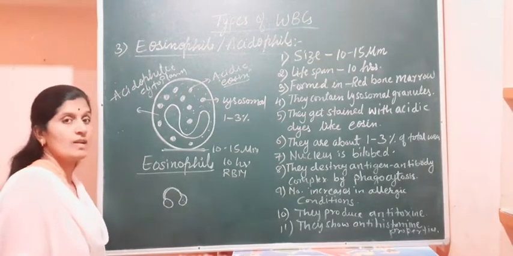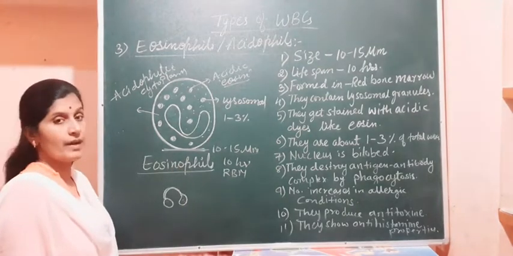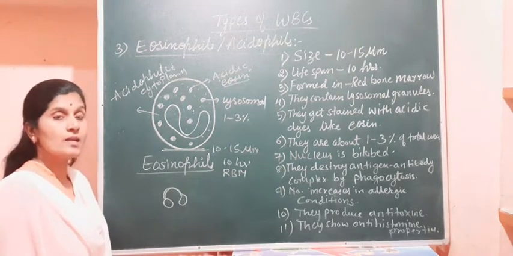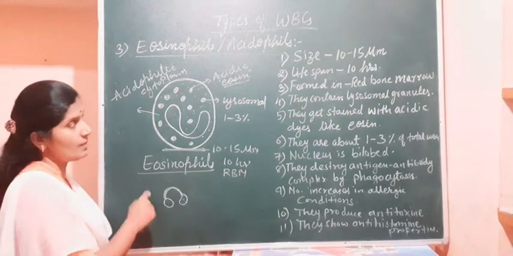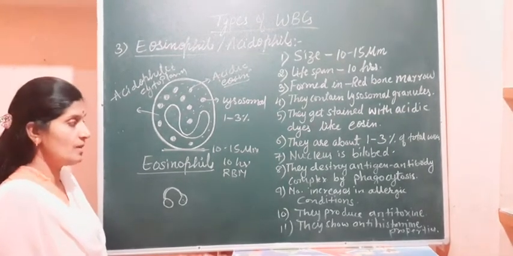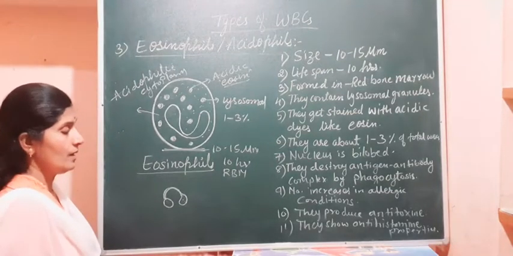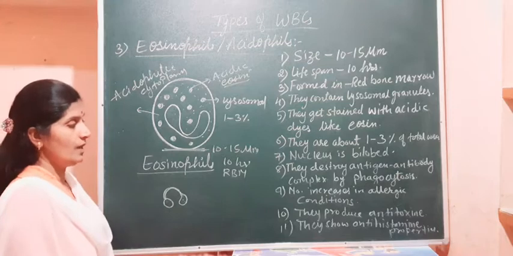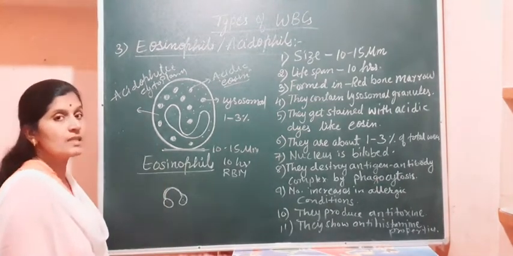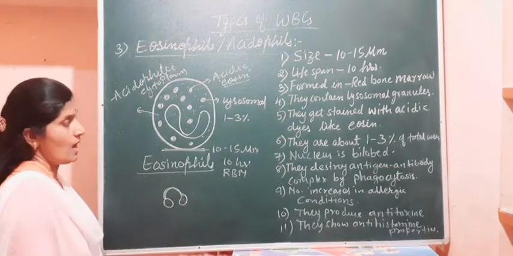A question may come in the examination: which cells out of all 5 WBCs show antihistamine properties? The answer is eosinophils. These cells show antihistamine properties and are responsible for detoxification as they produce antitoxins.